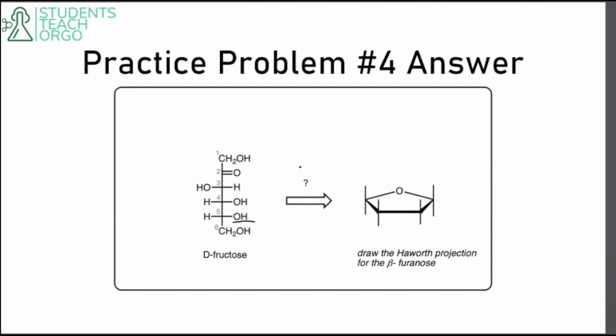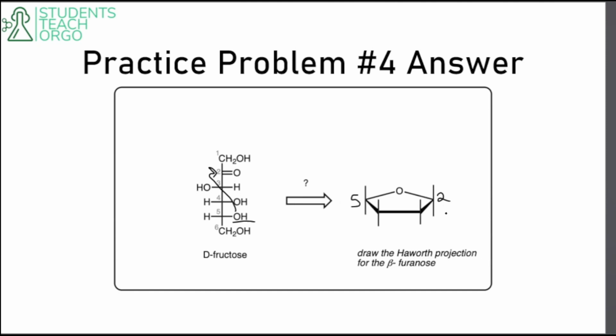It's always going to be the one that determines the D or the L. So this is the attack that I'm doing, pretty much. That OH is going to attack 2, kick up, and cause it to become an OH. All right? So what does that mean? Well, that means that I am going to label this as my carbon 2, and this as my carbon 5.